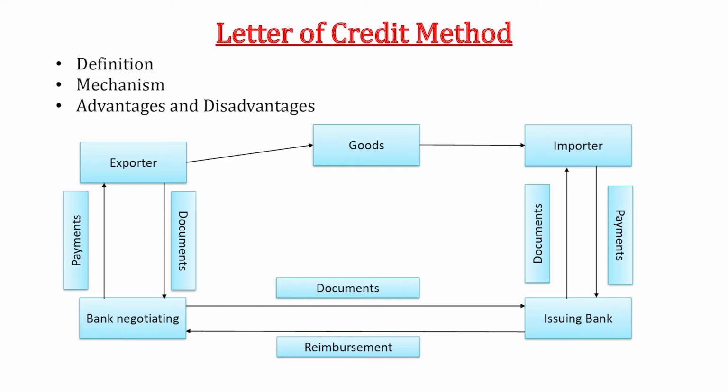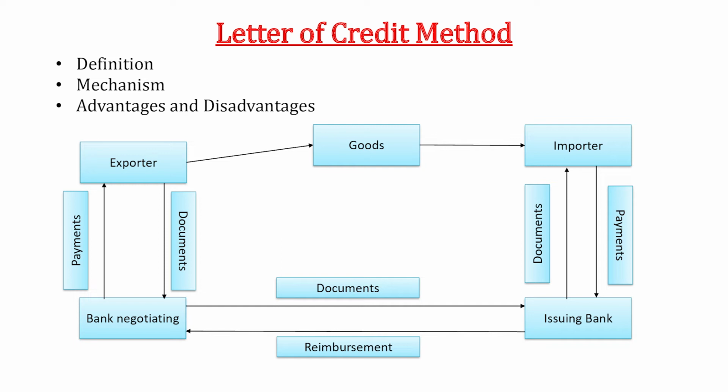Letter of credit converts goods sales into document sales. Why? The exporter will get payment based upon documents as per the requirement of the letter of credit. And let me, friends, share with you the mechanism in brief. It is the duty of the importer to arrange the letter of credit.